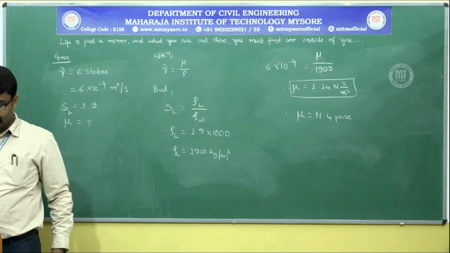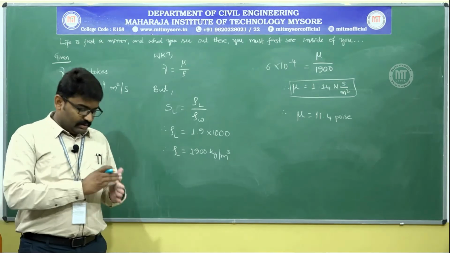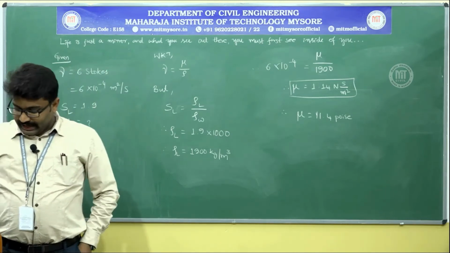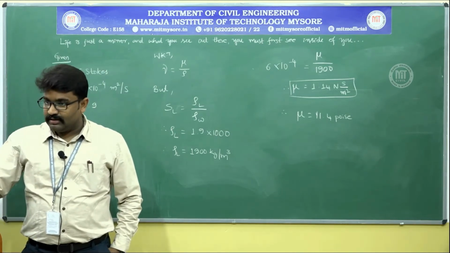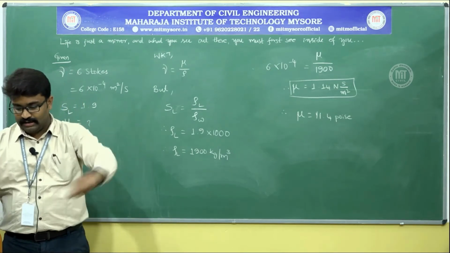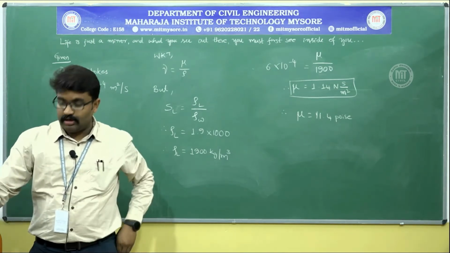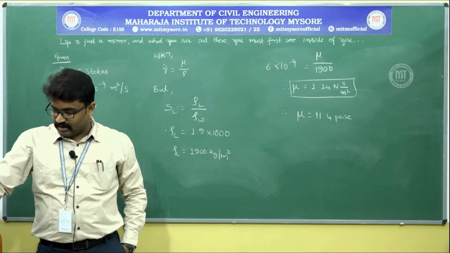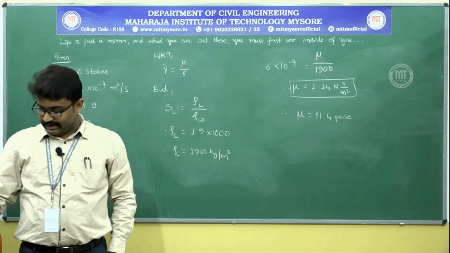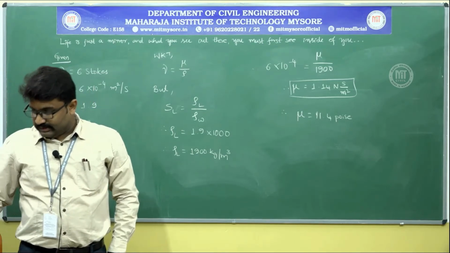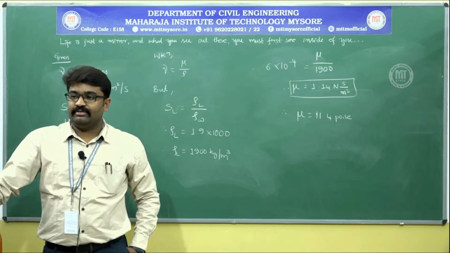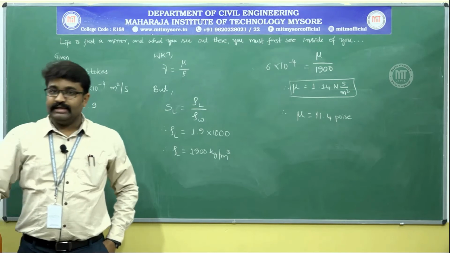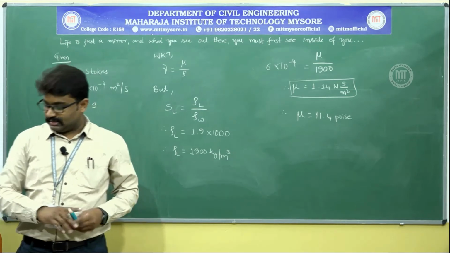Next problem, a very important one and of a different nature. The dynamic viscosity of an oil used for lubrication between shaft and sleeve is 6 poise.